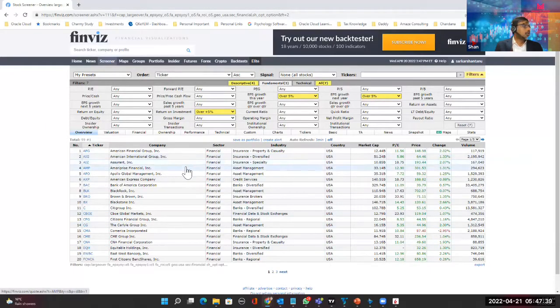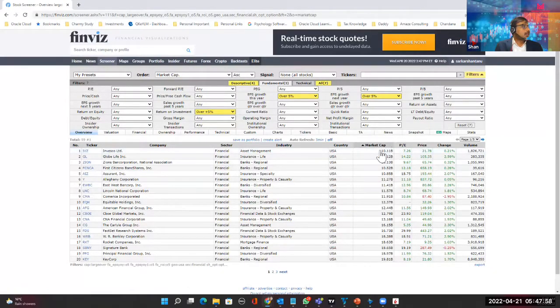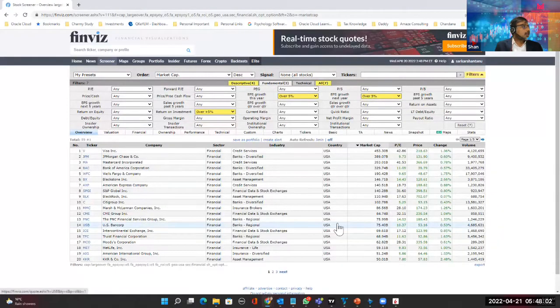I'm not going to add all of them, but what I would like to do is maybe I will sort it based on the market cap. So based on the results here, I will click on the market cap to sort the results on the basis of ascending or descending order. So based on the descending order, the first one that comes is Visa.